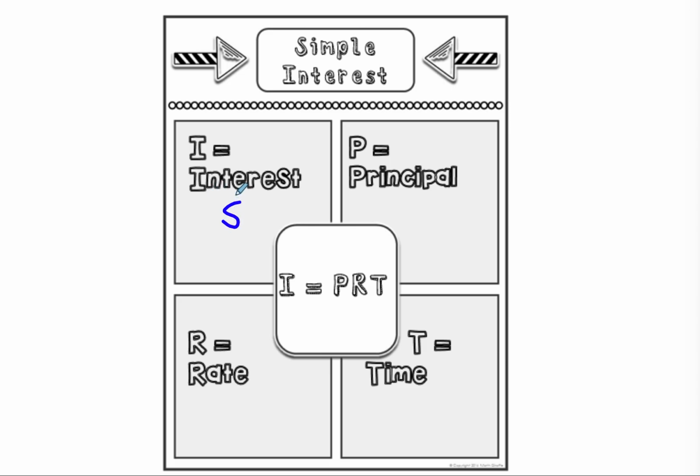So interest is a money amount. Principal is also a money amount. It's what you start with. So if I am investing and putting $100 into the bank, that's my principal. If I'm borrowing $500 from the bank, that's the principal.